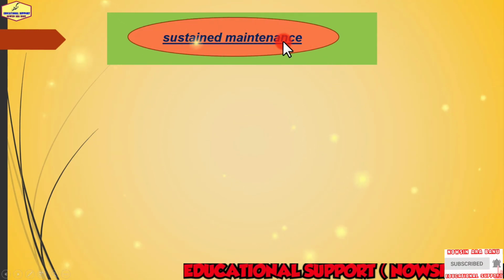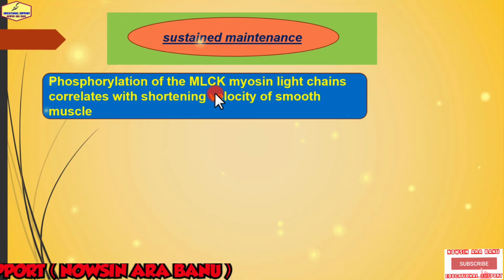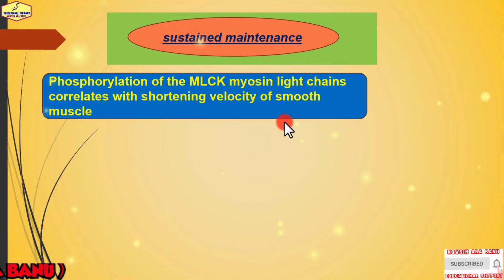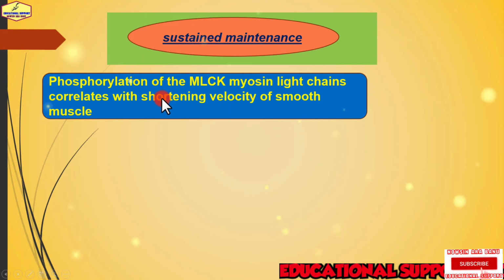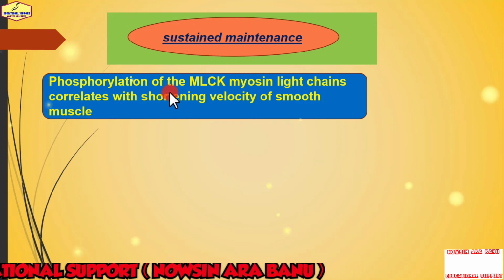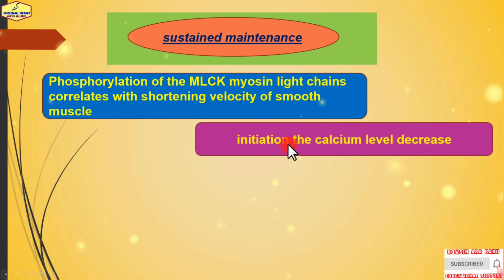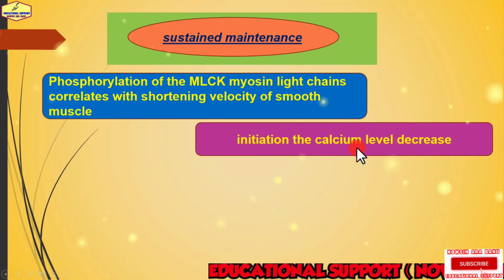Sustained maintenance. Phosphorylation of myosin light chains by MLCK correlates with shortening velocity of smooth muscle. At this time there is a rapid burst of energy utilization. Within a few minutes of initiation, the calcium level markedly decreases.